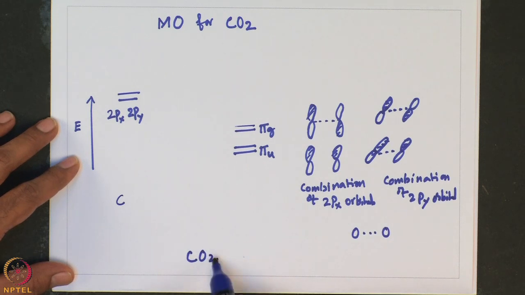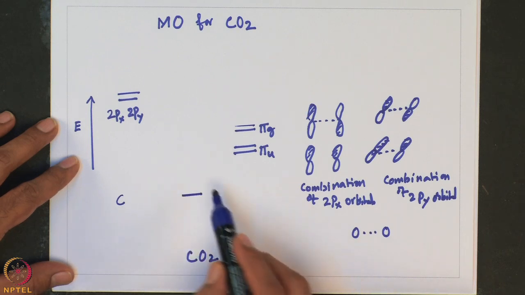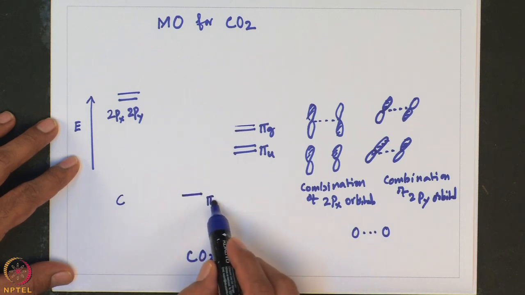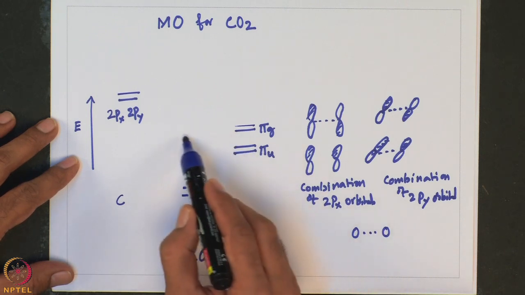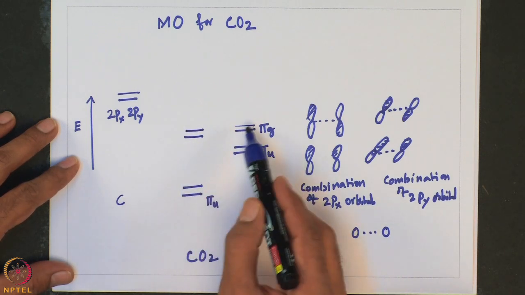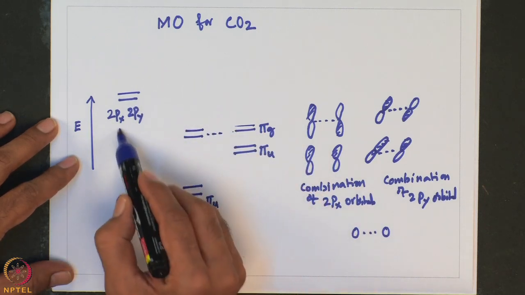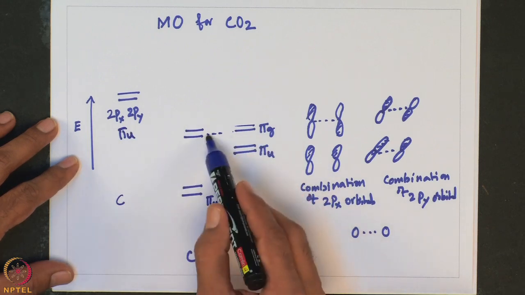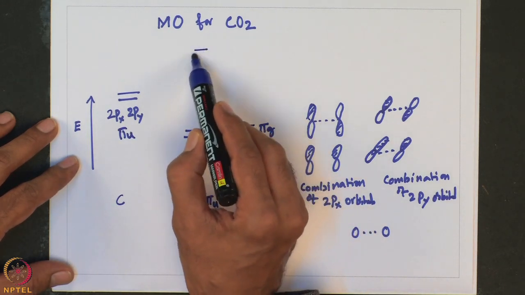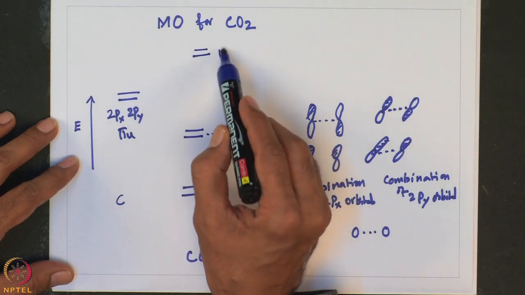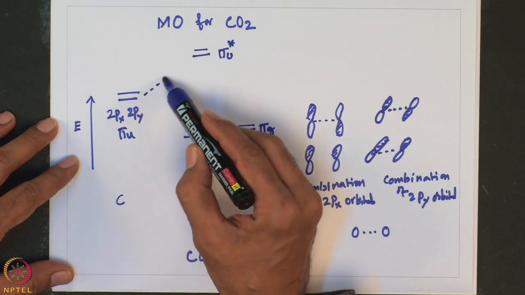Let me write here the MOs. The first one will be here, this is pi u, two of them, and then we have here almost non-bonding, because both are pi u. So, this remains as non-bonding, and now let me write here pi u to connect them.